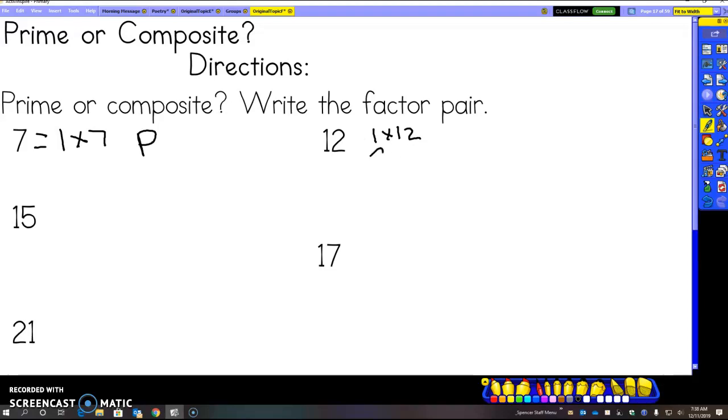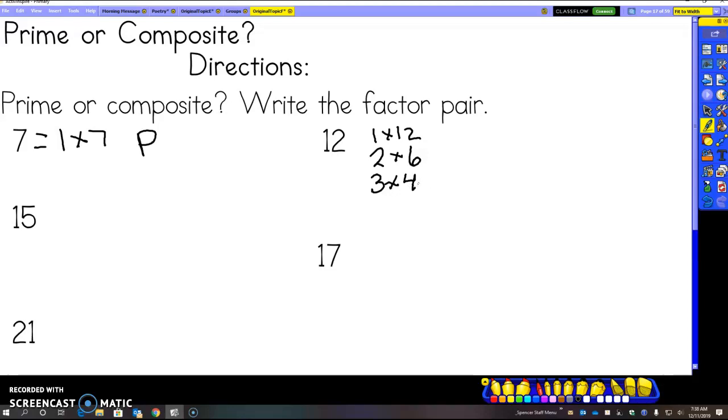So the next number we come to, I'm going to just count up. So we have 1 and then 2. 2 is a factor of 12 because 2 times 6 gets me 12. Okay, I'm going to keep going. Now I'm thinking about 3. Well, my factor pair is 3 times 4.